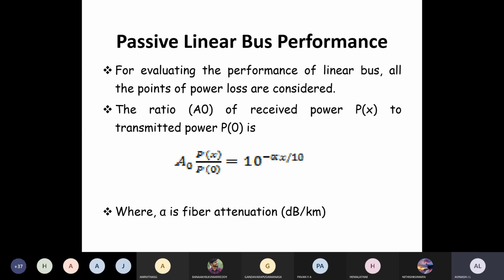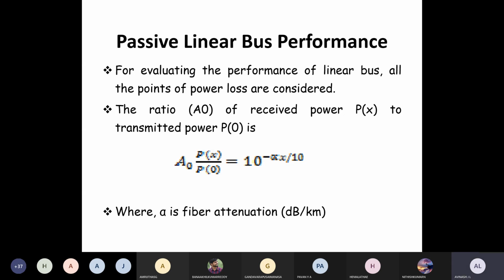We understand it by the different losses we will encounter. The less loss there is, the better the performance the bus is showing. That is exactly the meaning.